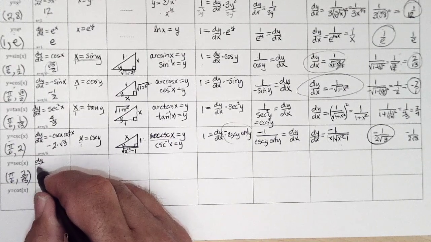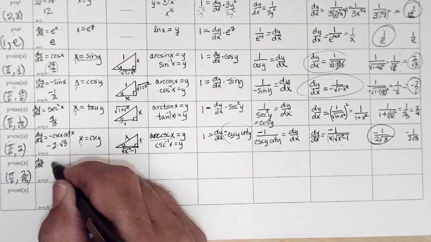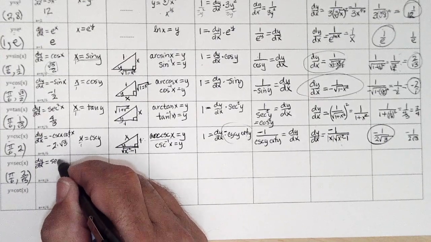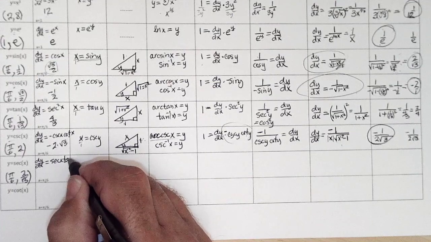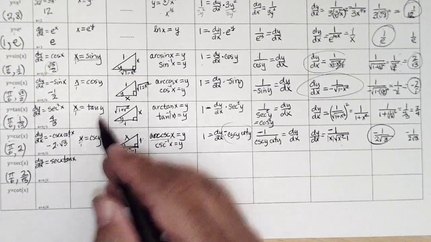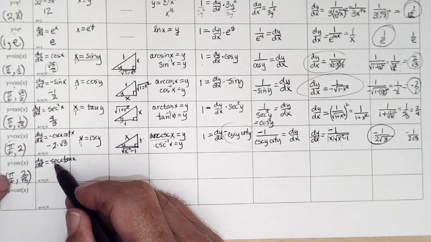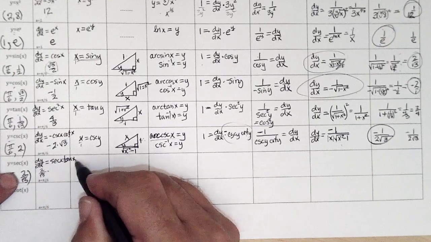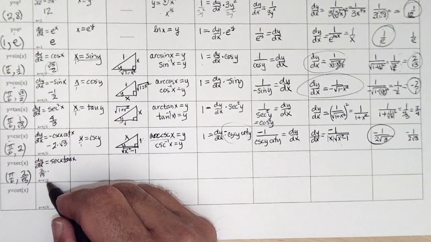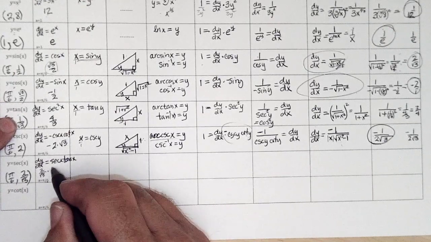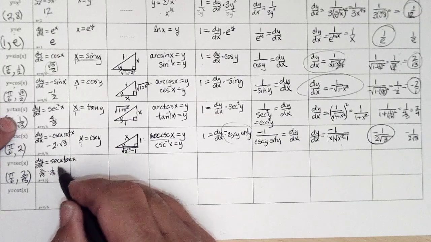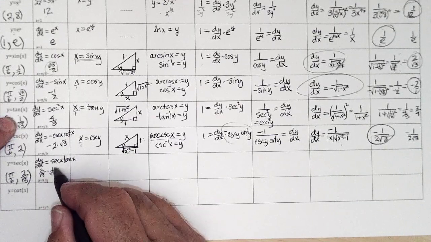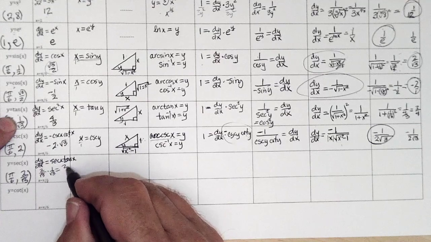dy/dx, the derivative of secant is secant x tangent x. So if I put pi over 6 in for the secant, I get 2 over the square root of 3 times the tangent of pi over 6, which we did up here, 1 over the square root of 3, and we get 2 over 3.